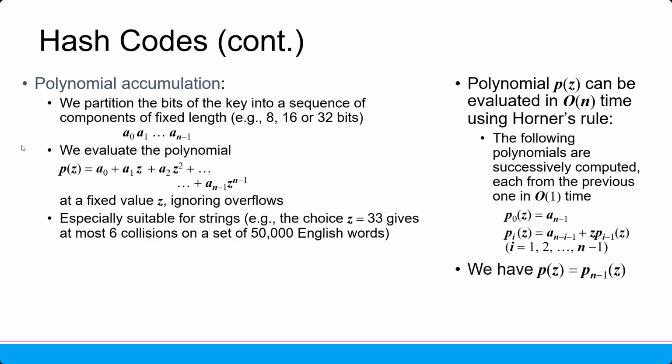And the hash codes. Okay. So when we create the hash codes, there is a potential about the polynomial accumulation. The polynomial accumulation means if we have a particular bit, this kind of bit represents the storage in the computer.